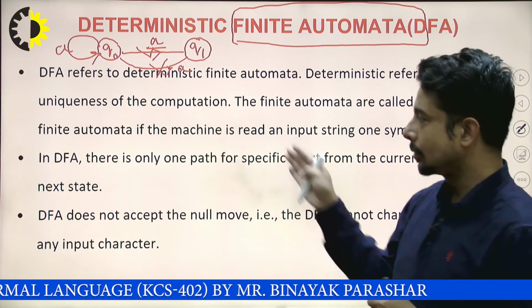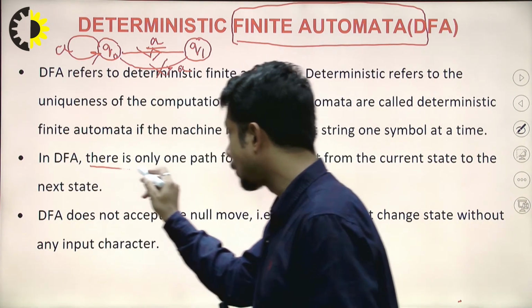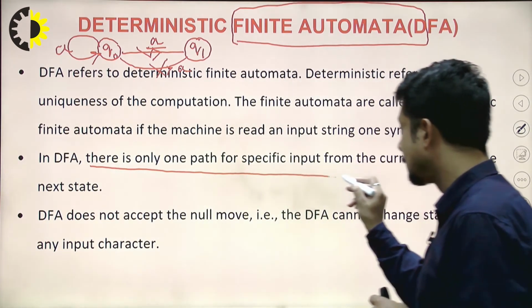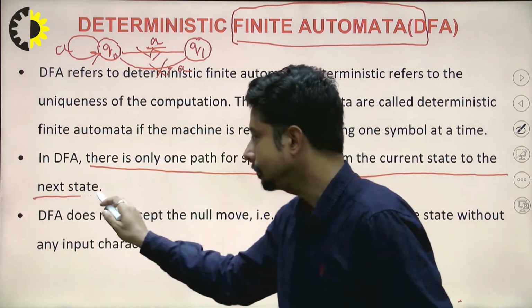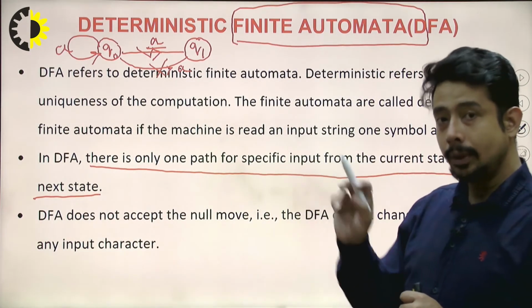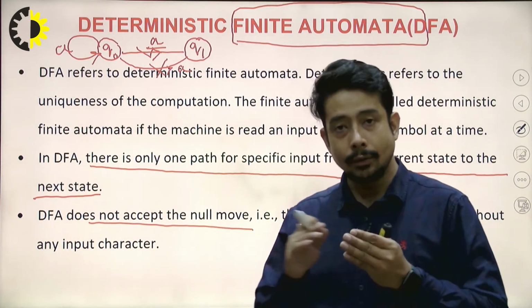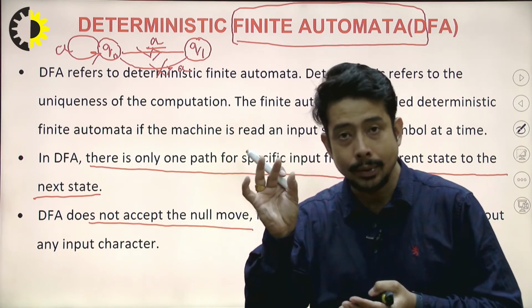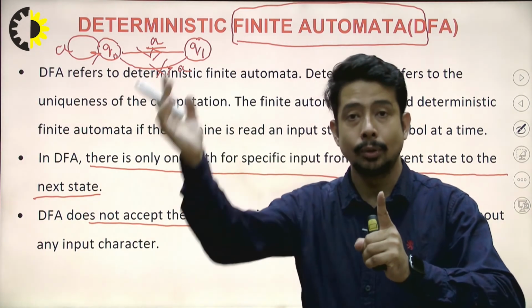You can go through all these points. As I have already mentioned, there is only one path for a specific input from the current state to the next state. And one more important point is that it does not accept null moves. Why? Because for every input, there should be exactly one transition, not more, not less.